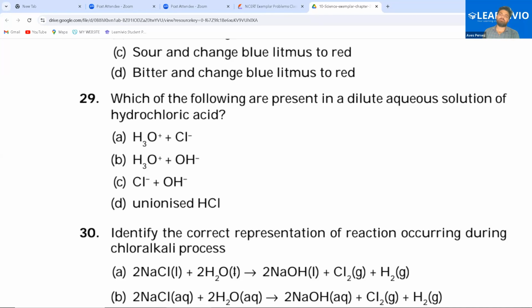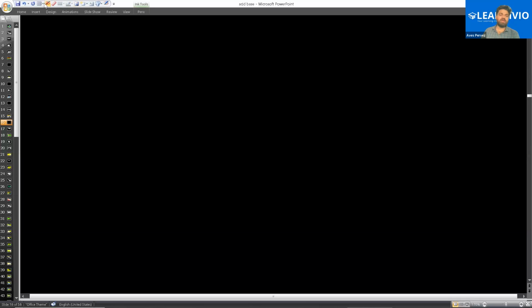Okay, for this one, I'm not able to figure it out. It is the same question that we are doing. Which of the following are present in dilute aqueous solutions of hydrochloric acid? So when you add hydrochloric acid to water, what would happen?